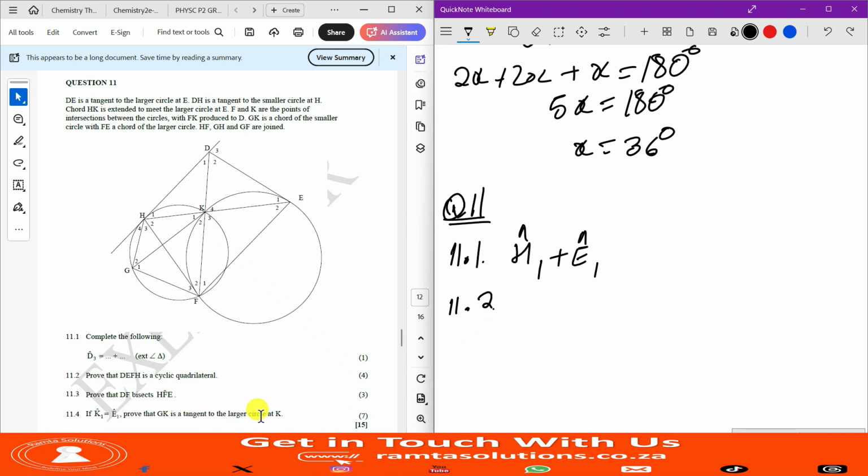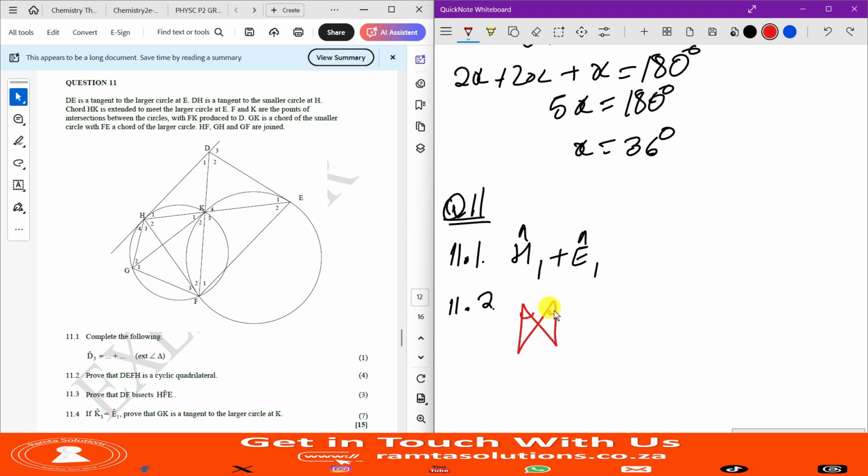11.2, prove that DEFH is a cyclic quadrilateral. Where is it? DEFH. We must prove that it is a cyclic quadrilateral. In order for us to be able to prove that, we need this information here.